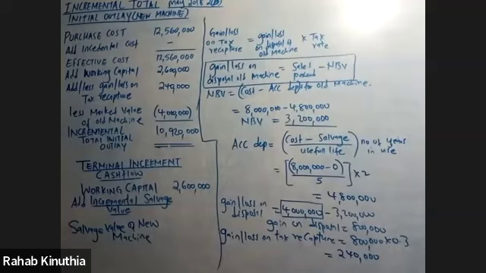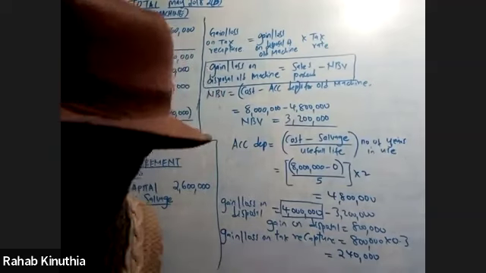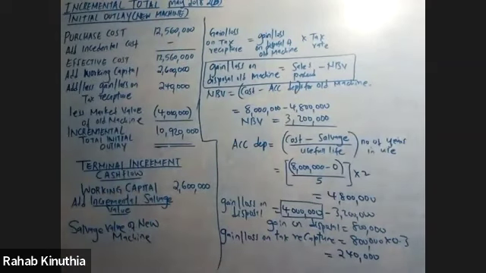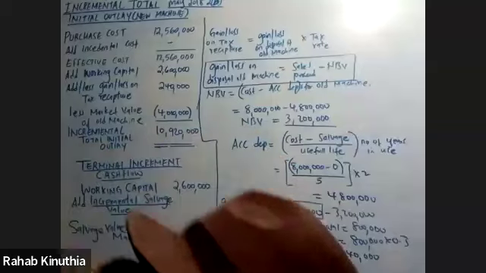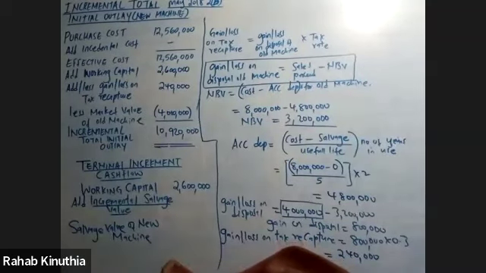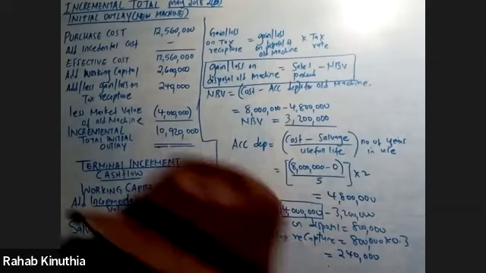The new machine is expected to cost 12.56 million, and is expected to be sold at 4 million. So the salvage value is 4 million.